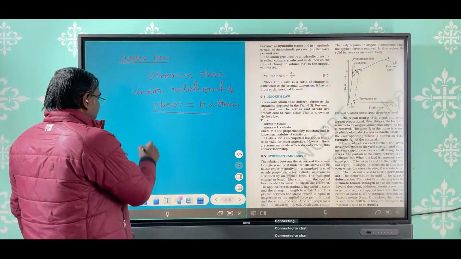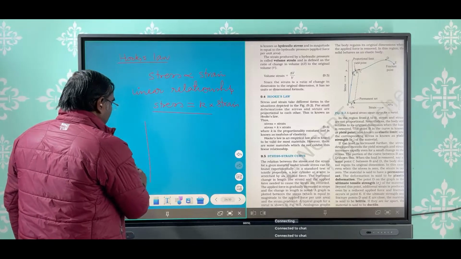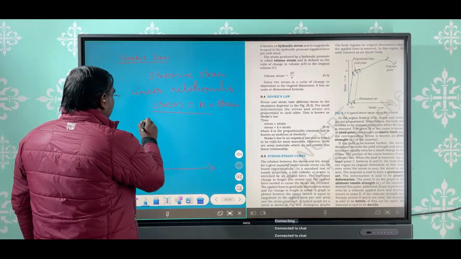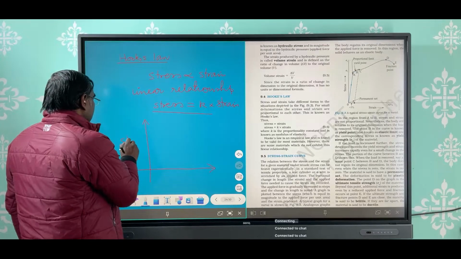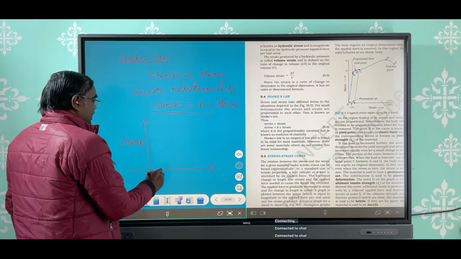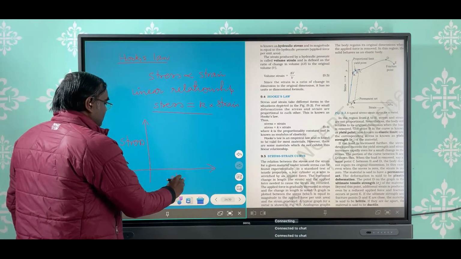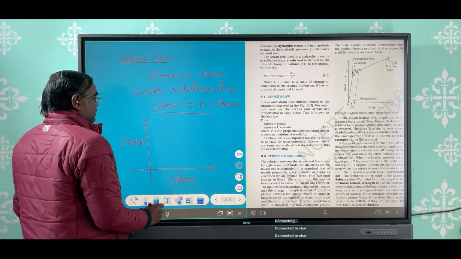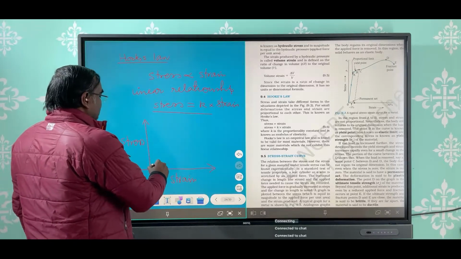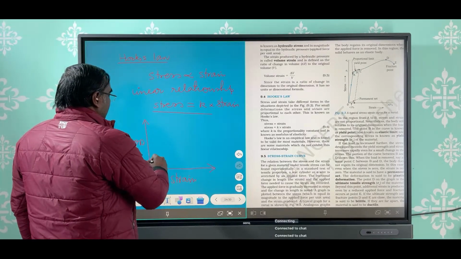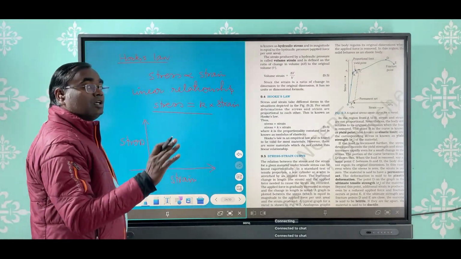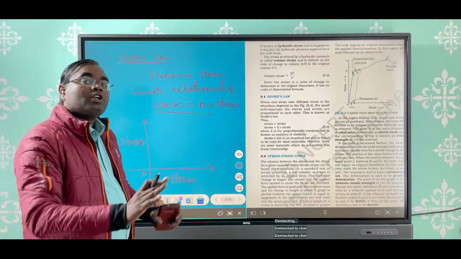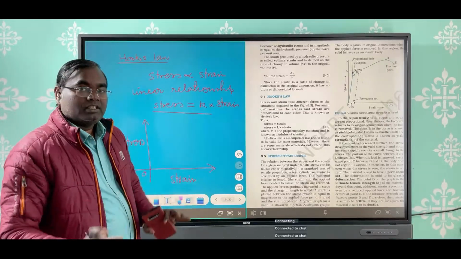But the material that doesn't follow Hooke's law shows non-linearity. That means if we draw the graph between stress and strain for non-linearity, the graph will be for a non-linear relationship or non-Hookean materials.